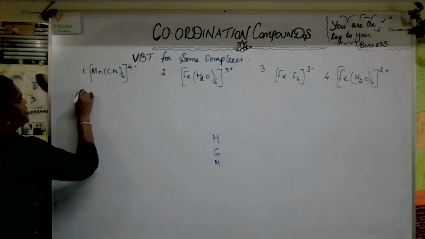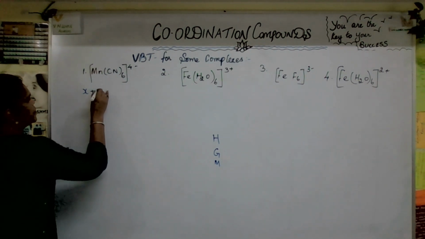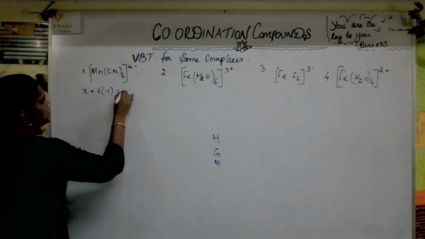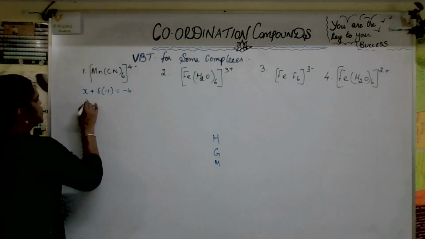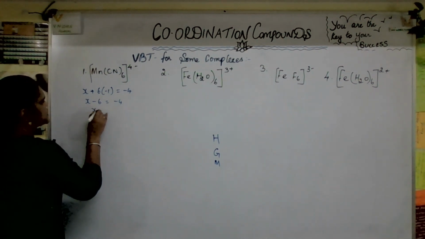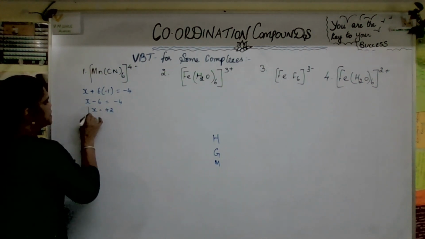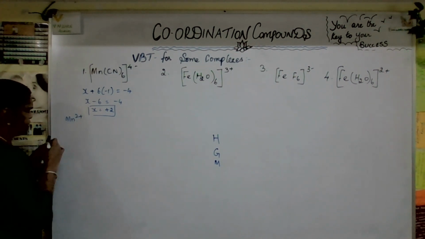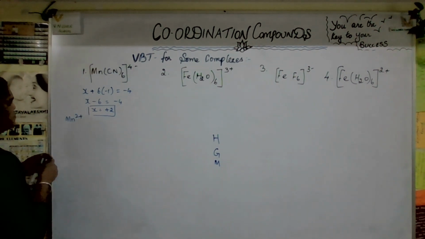X plus 6 into minus 1, that is the ligand, is equal to minus 4. So X minus 6 equals minus 4, so X equals plus 2. So Mn2+.